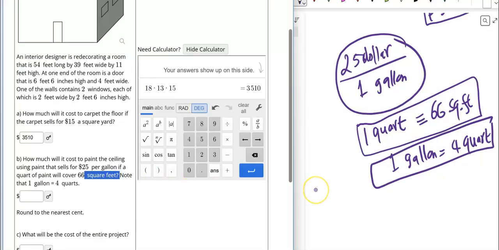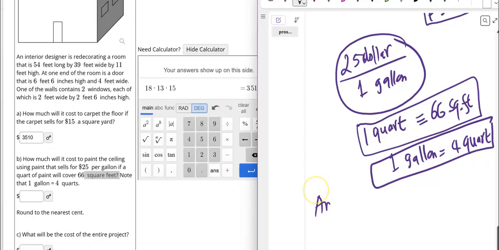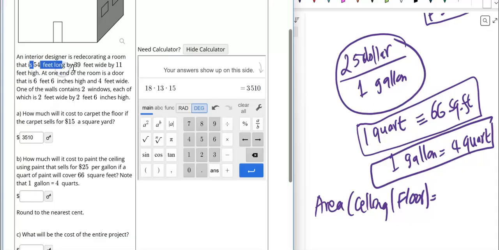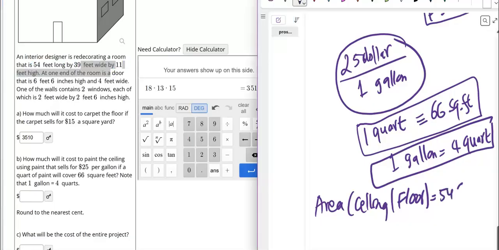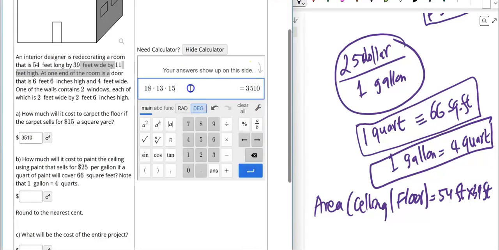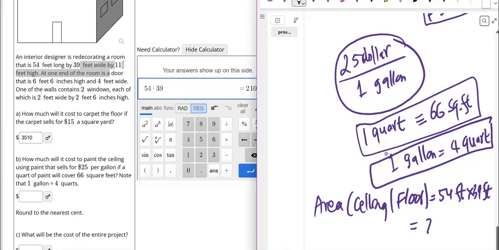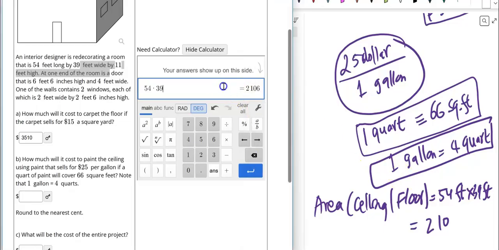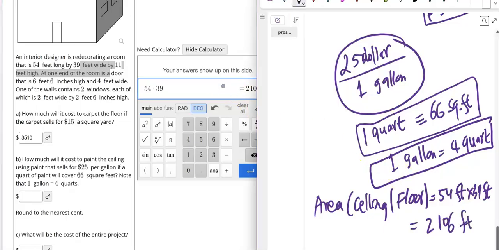So the area of the ceiling, which is the same as the floor, is 54 feet times 39 feet. That gives you 2106 square feet. That much is the area of the ceiling we have to paint.